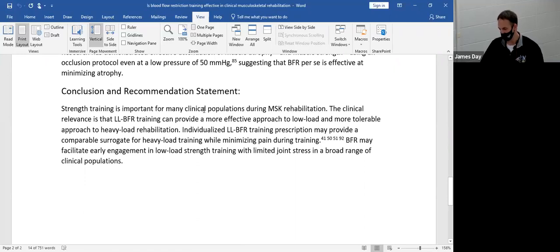The clinical relevance is that LLBFR training can provide a more effective approach to low load and more tolerable approach to heavy load rehabilitation. Individualized BFR training prescription may provide a comparable surrogate for heavy load training while minimizing pain during training. BFR may facilitate early engagement in low load training with limited stress, right?